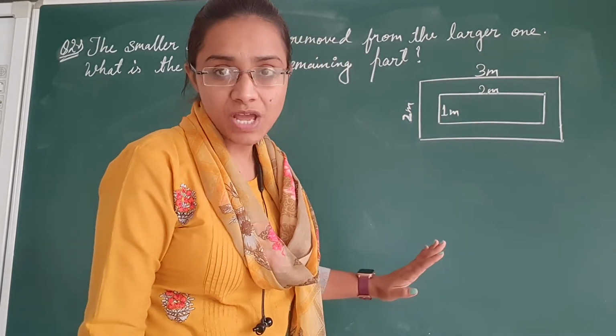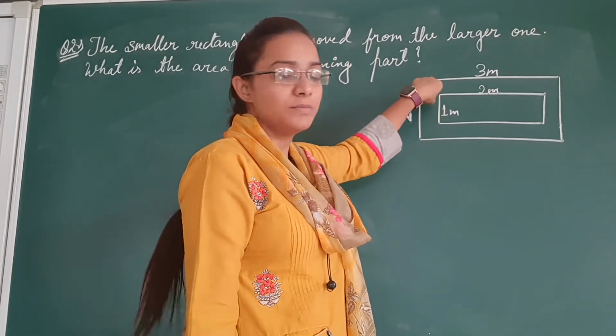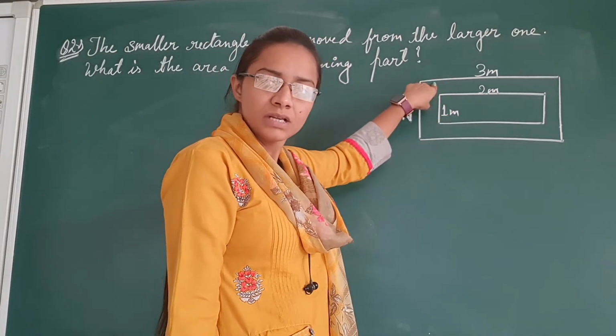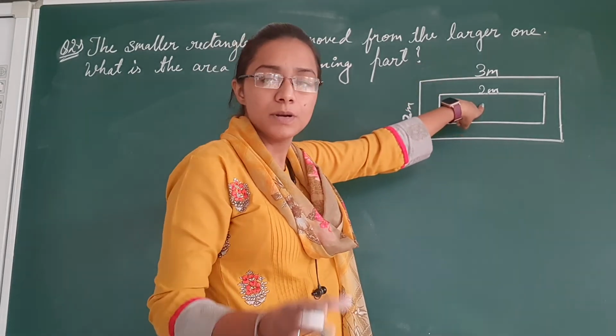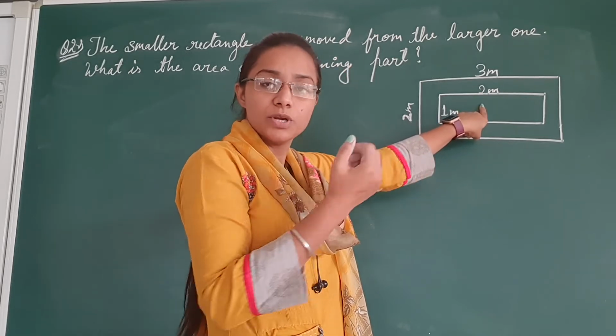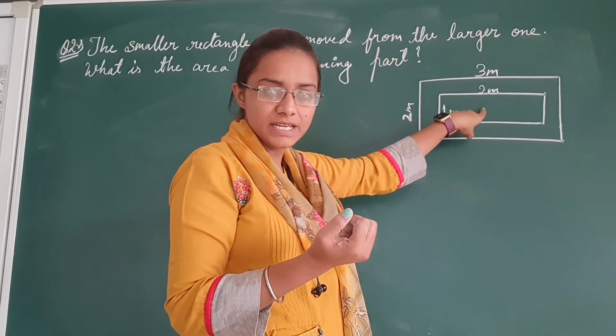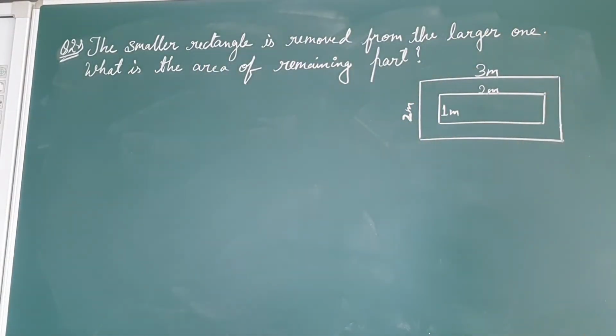For this, we must know the area of the largest rectangle and the area of the rectangle which we are going to remove from here, the smaller rectangle. So we will find it now.